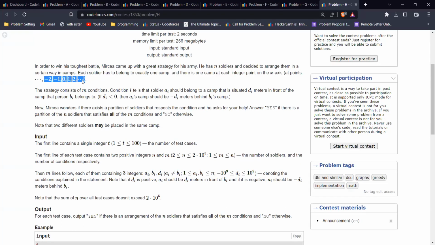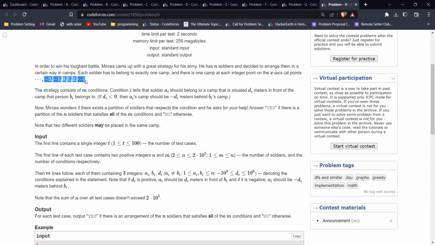For each of these points, there is a camp. The strategy consists of m conditions. Condition i tells that the a_i-th soldier should belong to the camp that is situated at d_i meters in front of the camp that person b_i belongs to.